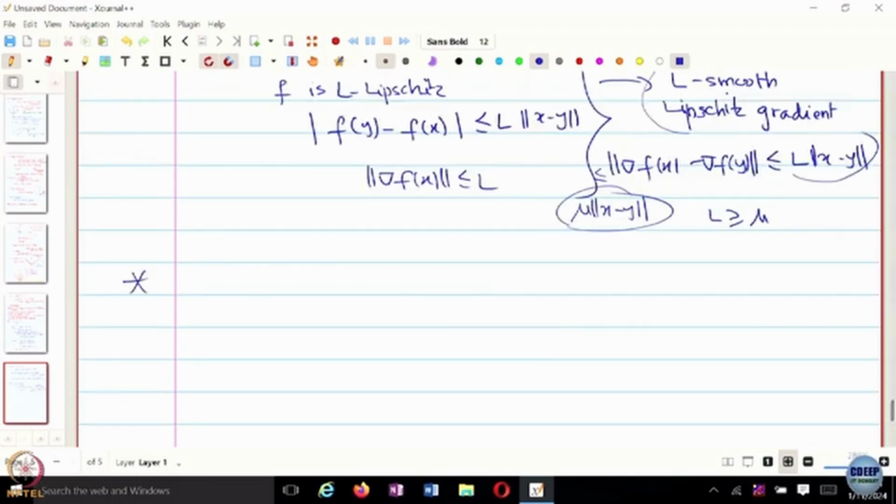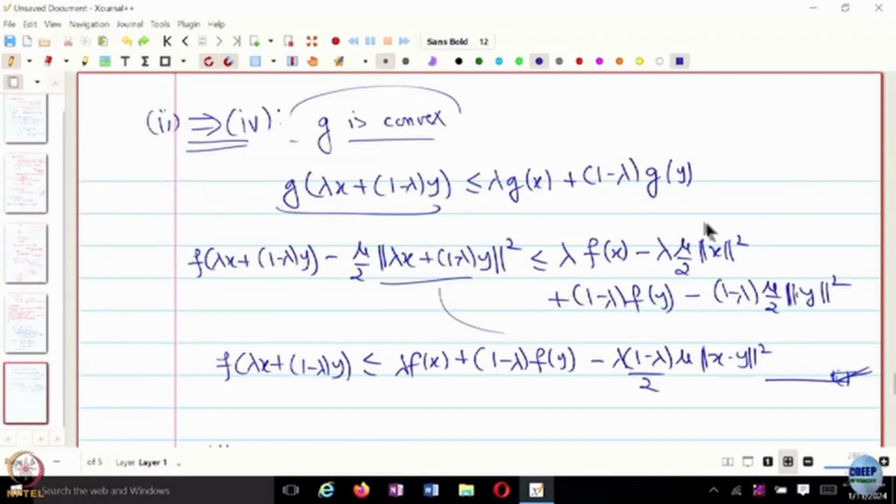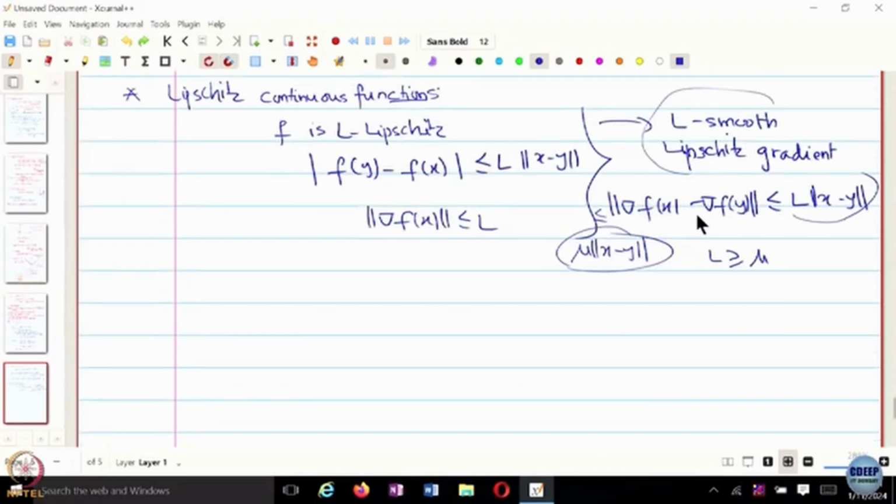Okay. So as I said, other than the different mathematical characterizations that we looked at for strongly convex functions, one of the things strongly convex functions are really useful for is this particular fact. Let's say you have two functions.